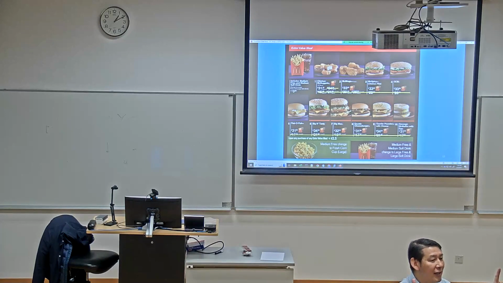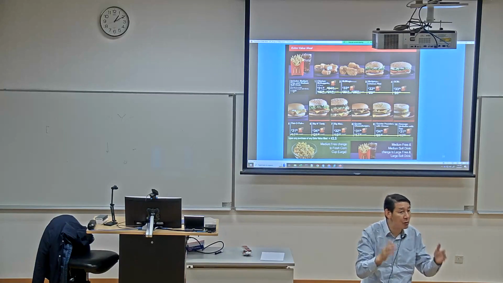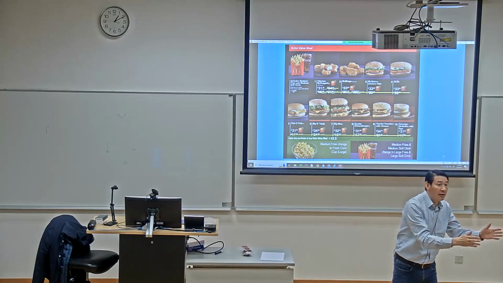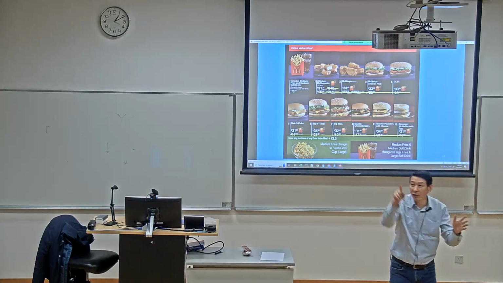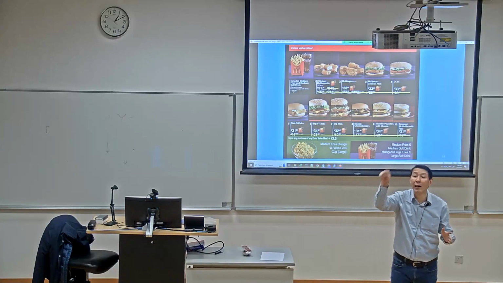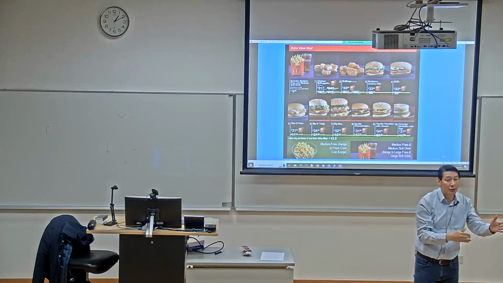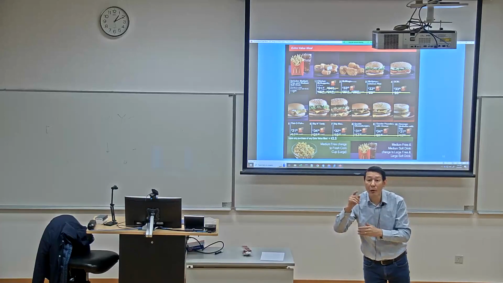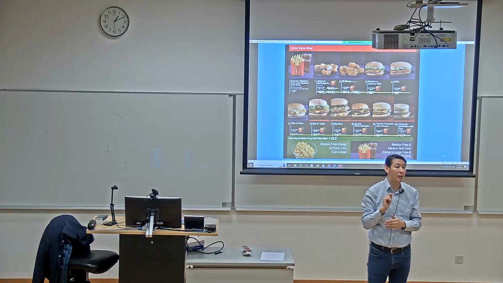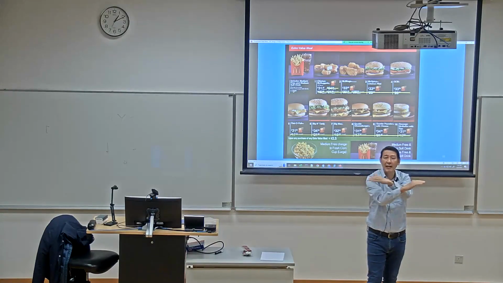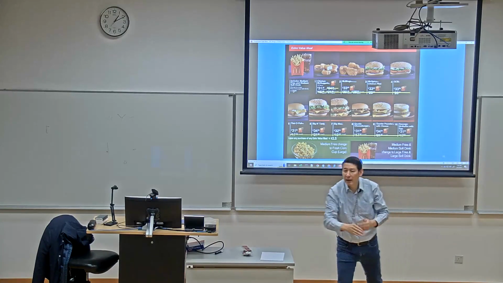But when you draw the flow chart, make sure that you present the logic clearly, because the developers don't even think, they just follow your flow chart. You said upgrade to large, so they do upgrade to large, and then upgrade to corn cup. So perhaps you have to make up your mind when you design the application. Should we go large or corn cup first, or the other way around? Would that make any difference?